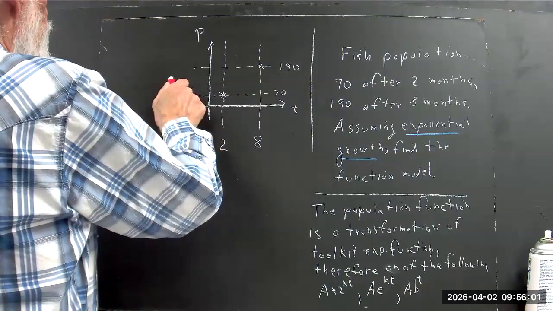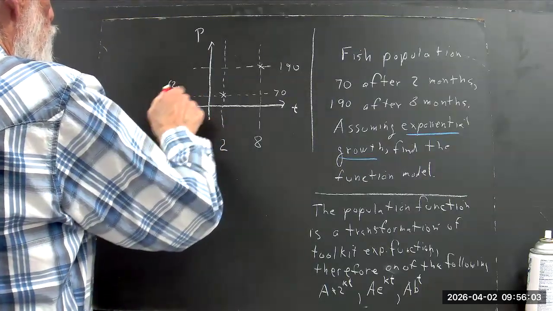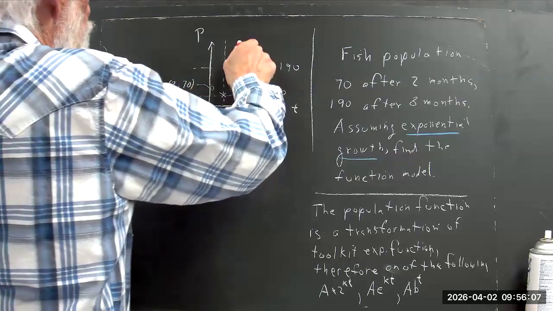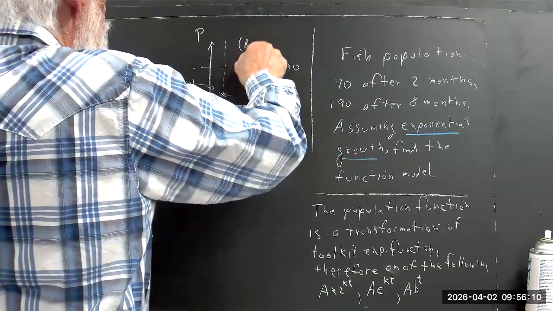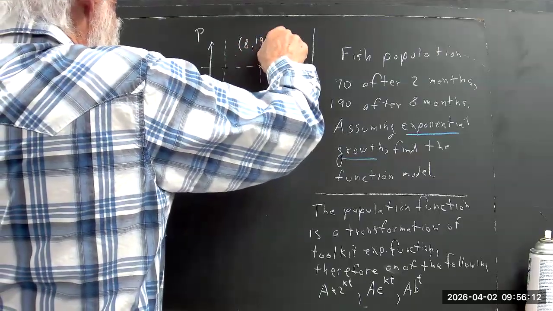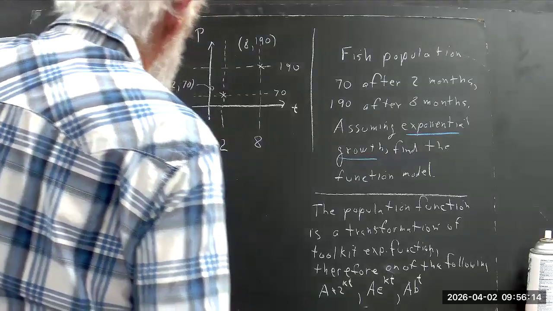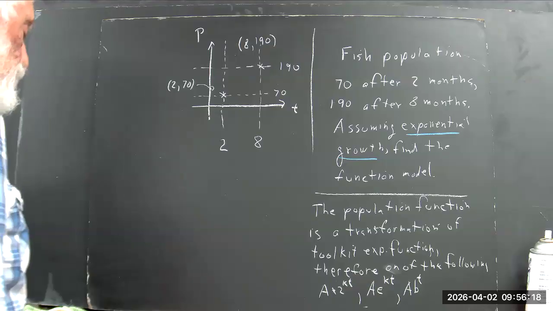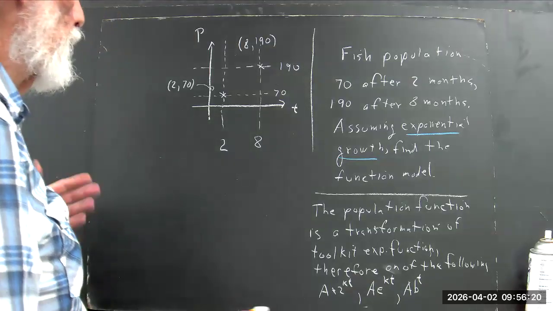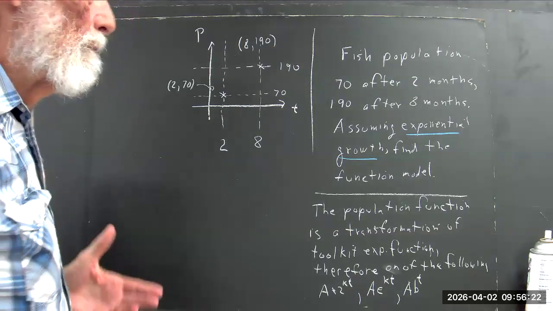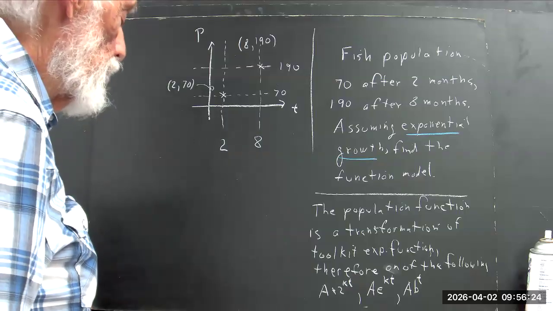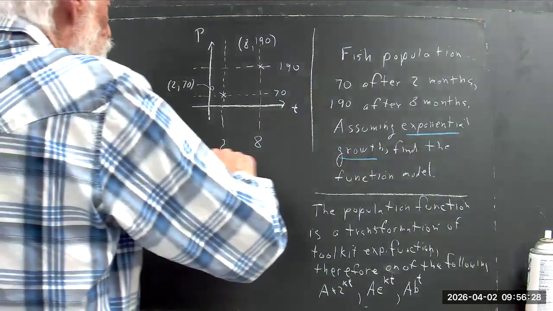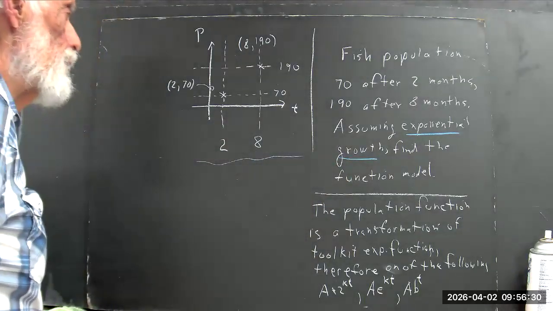Coordinates of those points are (2, 70) and (8, 190). There are ways we can make this graph accurate by estimating what the half-life would be and projecting that backwards.